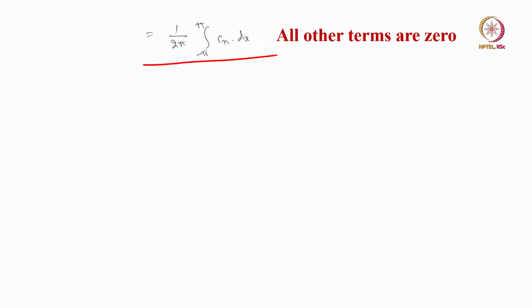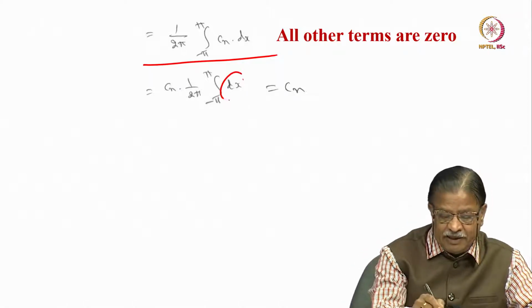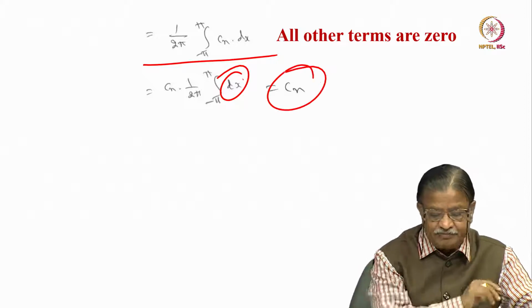All other terms are again 0. So it is a simple, basic, elementary integral calculus I did, and it showed that Cn is equal to Cn times 1 over 2 pi times the integral from minus pi to plus pi of dx. So this is our Cn.